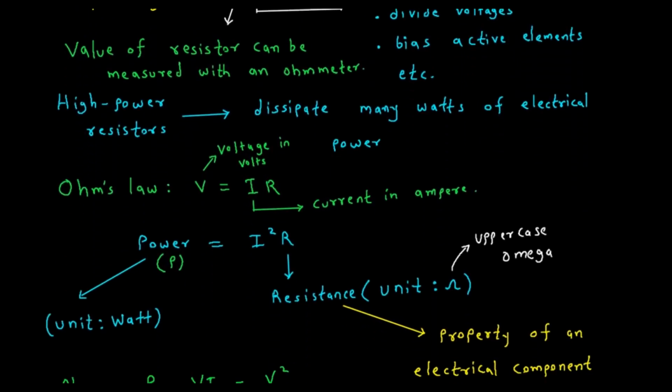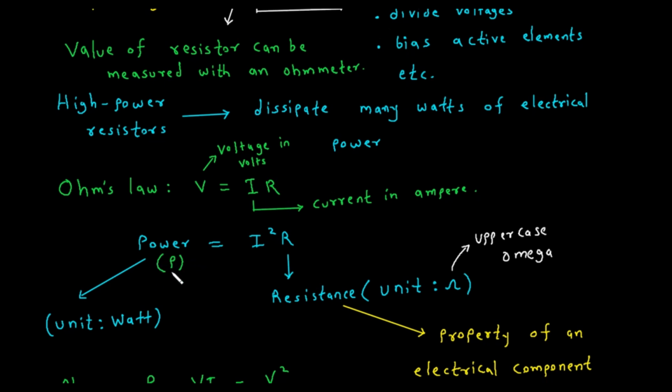Now let's move forward. Here we can see high power resistors dissipate many watts of electrical power. So the high power resistor will dissipate more electrical power. Now again here we can see Ohm's law: V is equal to I into R, where V represents voltage in volts, I represents current in amperes, and R represents resistance in ohms.